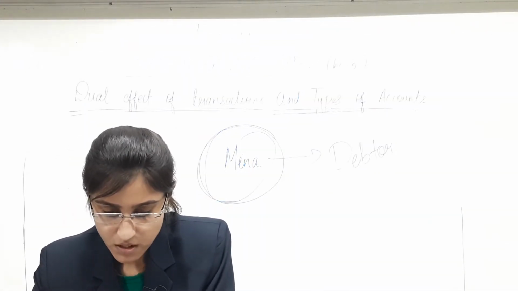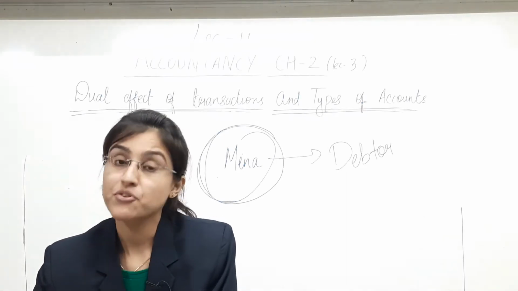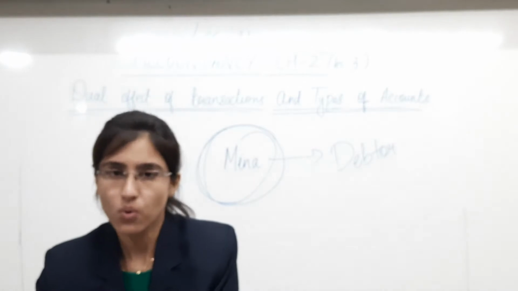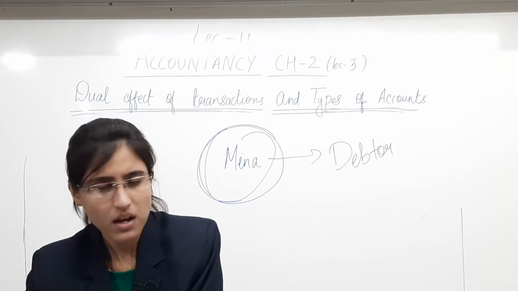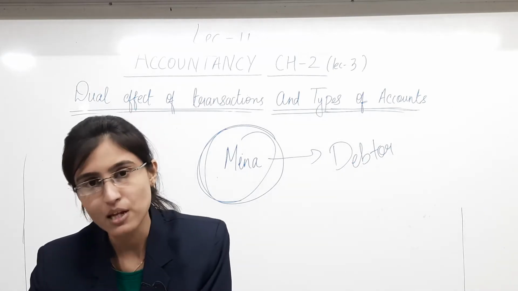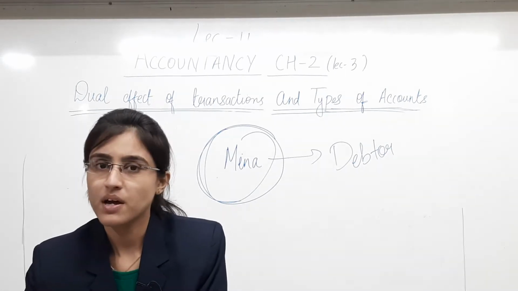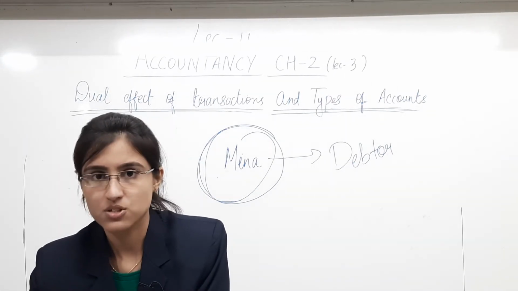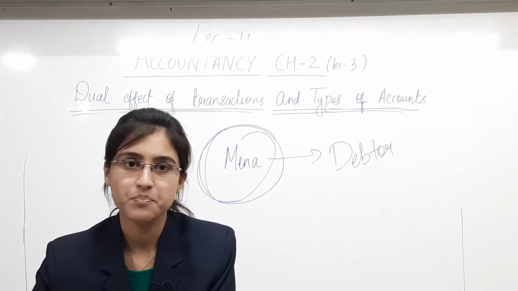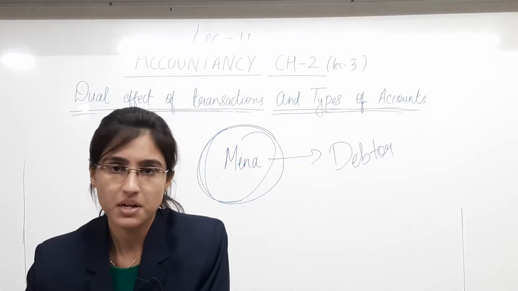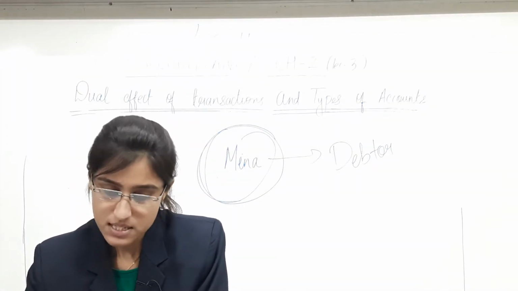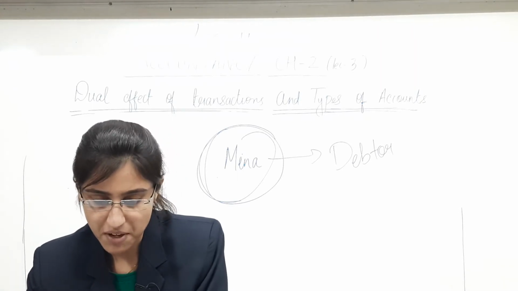Then the fifth transaction, the reason you will read on your own now. You can well understand it, so I will not go into detail with that. I will just help you to identify it as a cash transaction or credit transaction. Then salary paid rupees 5000.